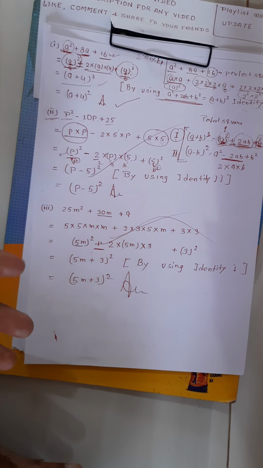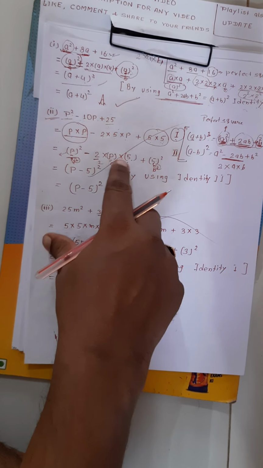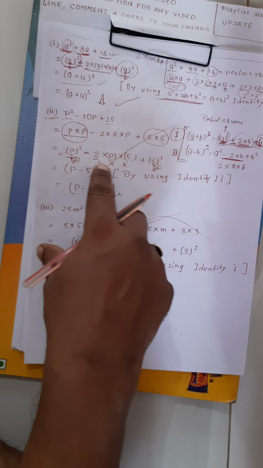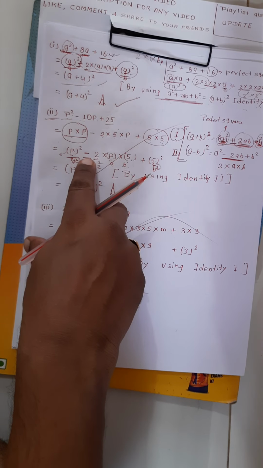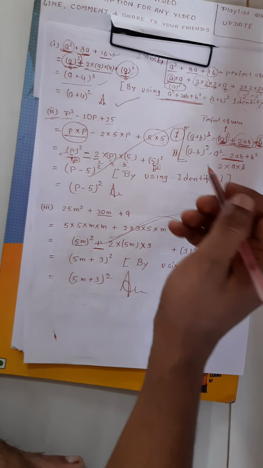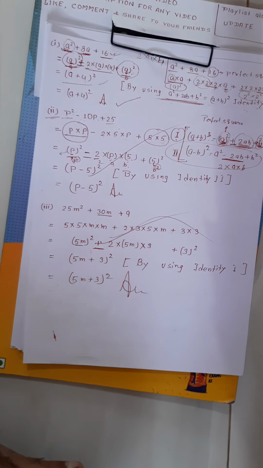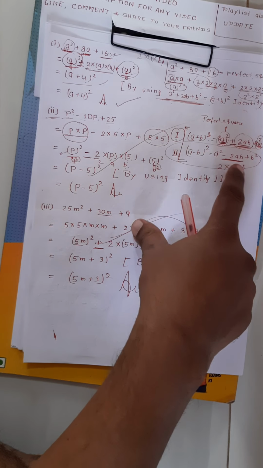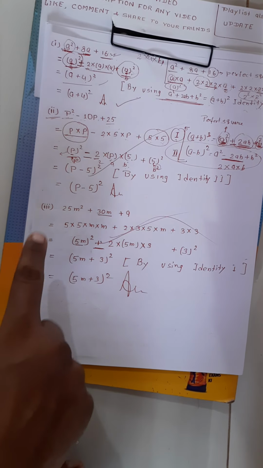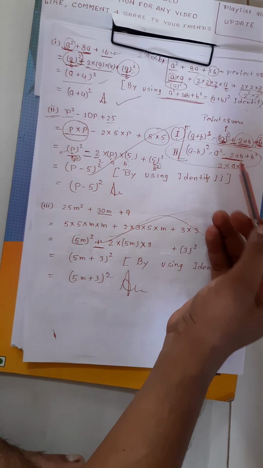And the last condition is: what is the sign with 2ab? Here there is a minus sign with 2ab, so identity number second will apply here, because in identity second, 2ab has the sign minus.